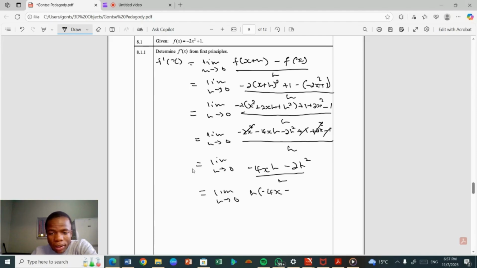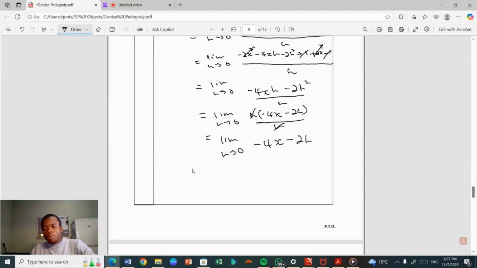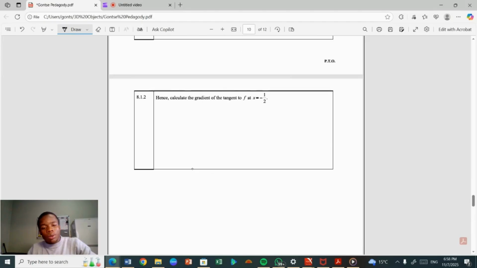Then h into negative 4x minus 2h, right? Over h, then this will cancel this, is equal to the limit as h approaches 0, which is negative 4x minus 2h. Then you just put your 0 there. Then is equal to negative 4x minus 2 into 0. Then is equal to minus 4x. So that is your answer.